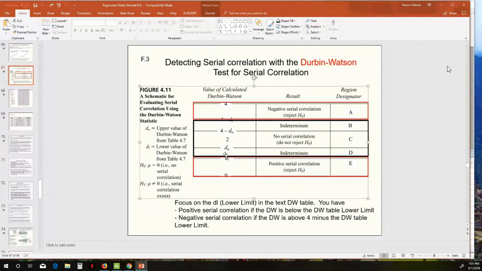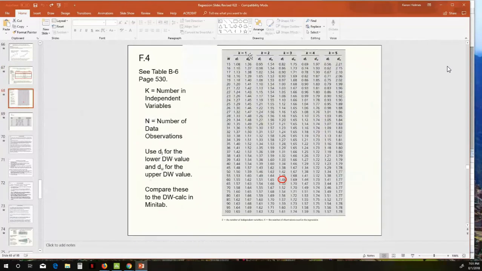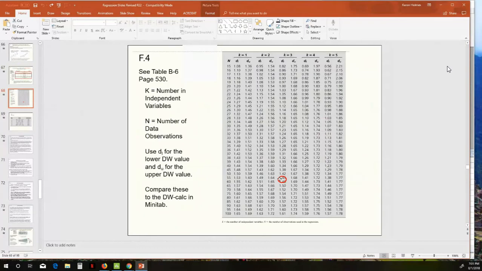So what we need to do is look up the lower table limit for our model. So if we looked at the Durbin-Watson statistic, and we have two variables, right? And we look at the lower limit, the DL, and we have probably 100 some observations. So if I looked at the Durbin-Watson statistic for that, the lower limit would bring me someplace around 1.63.